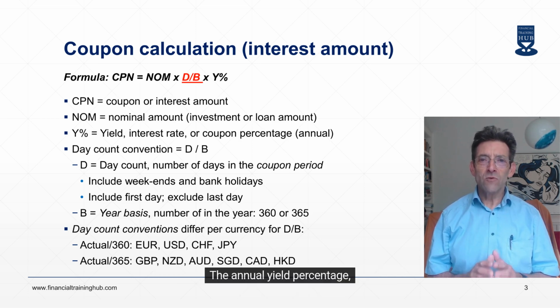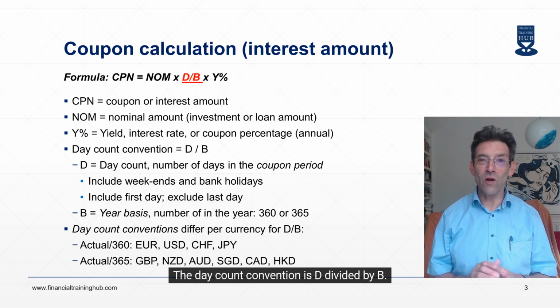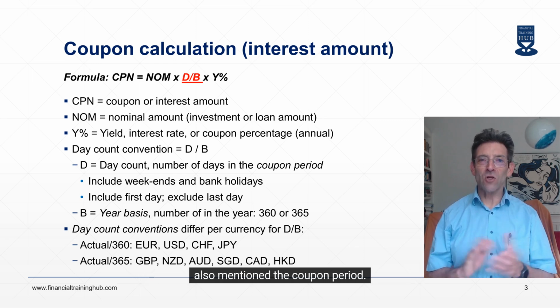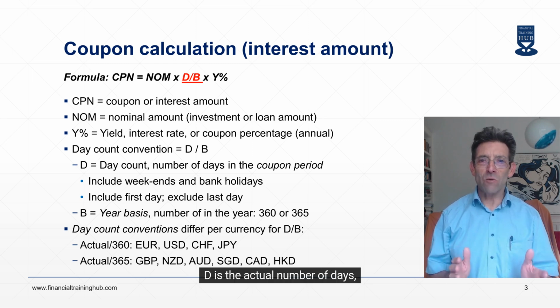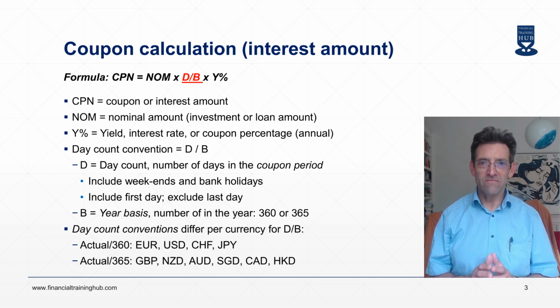The annual yield percentage is represented by the y in the formula. The day count convention is D divided by B. The D represents the number of days of the transaction, also mentioned the coupon period. Often, D is the actual number of days, but other number of day assumptions can be possible.